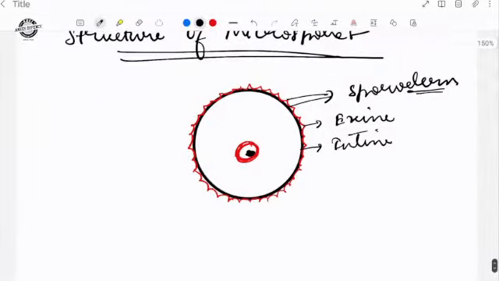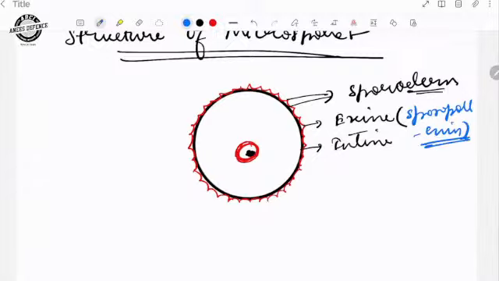See here, the outer layer, the exine, is thick and made up of complex non-biodegradable substances called sporopollenin.